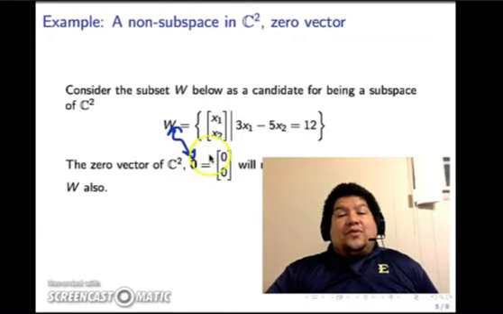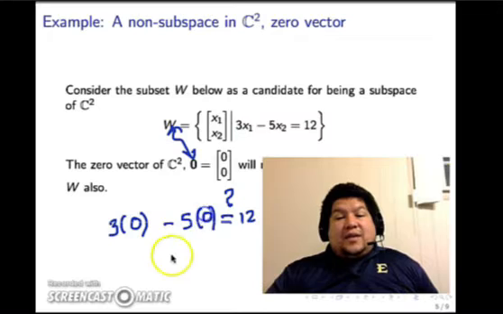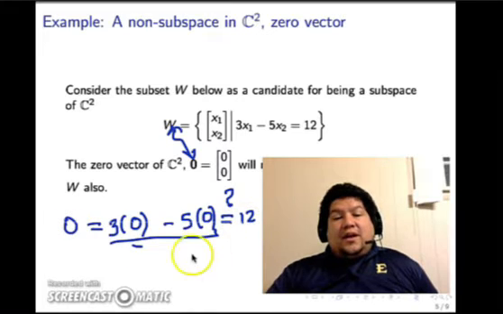For 0 to be a member of W, we would have to verify that 0 is a solution of this equation. So we write an equal sign with a question mark and evaluate this at 0, 0. On the left hand side of this expression, this is equal to 0, but then we would be finding that 0 equals 12, and we know that is not true.